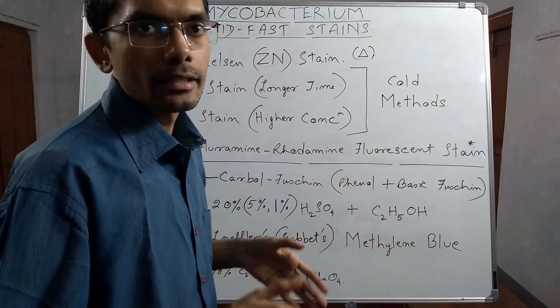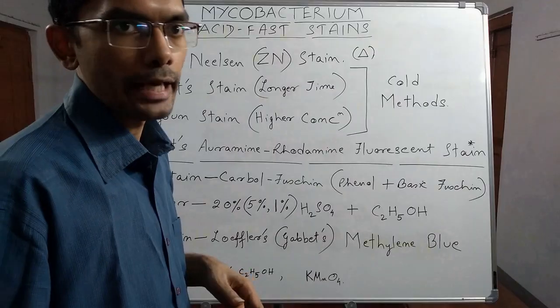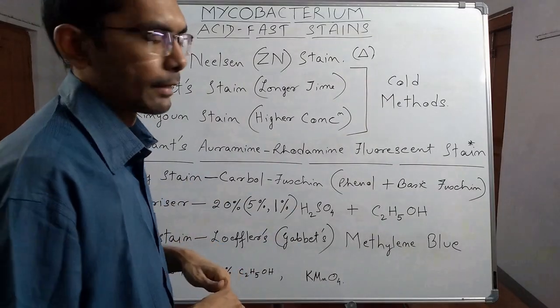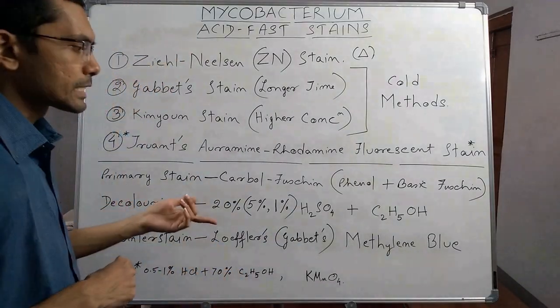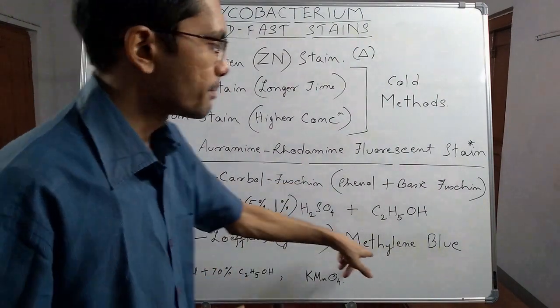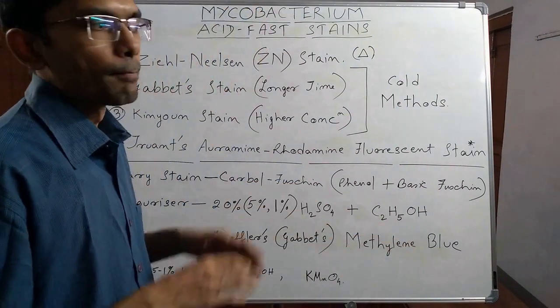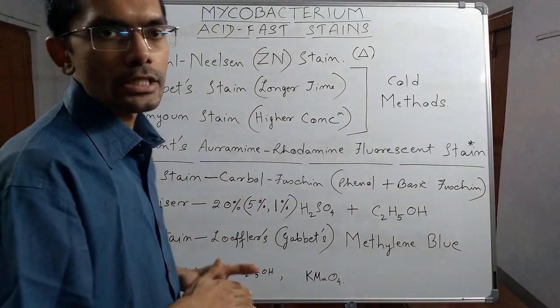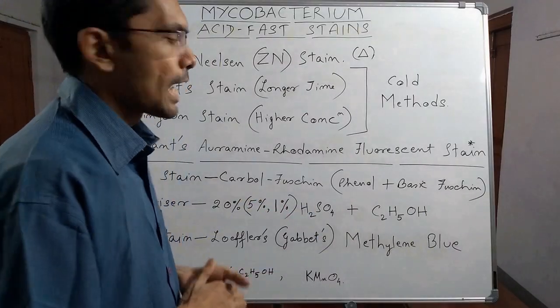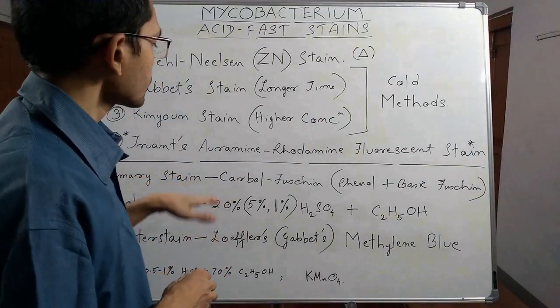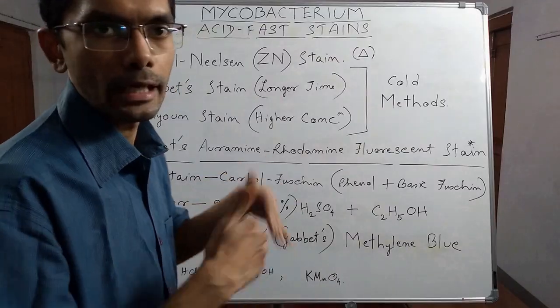So everything else in the background which does not have mycolic acid would be easily decolorized and ready to take up new stain. So when the counter stain is applied, the background would be stained blue by Loeffler's methylene blue. But the bacteria would be spared because methylene blue does not bind to mycolic acid, and anyways the mycolic acid is already saturated with the primary stain, so it cannot take up any more stain.